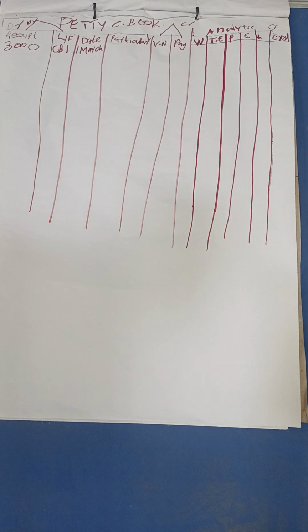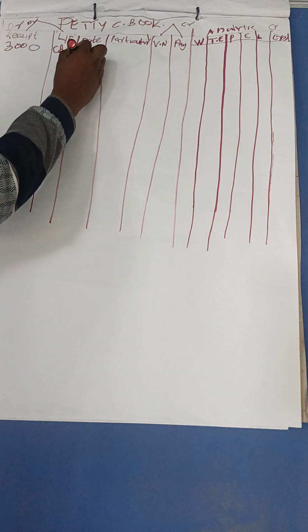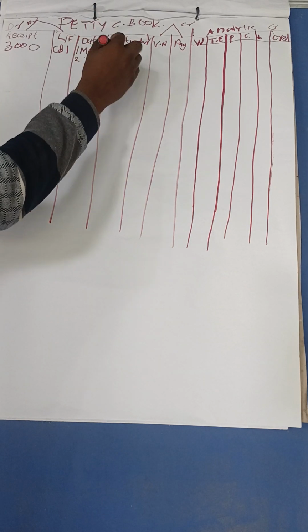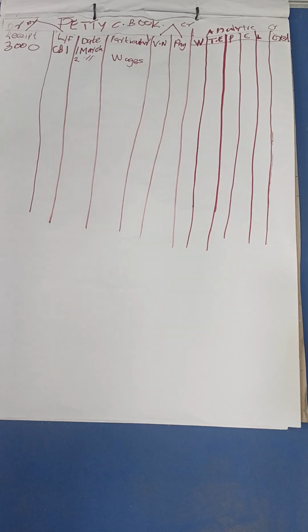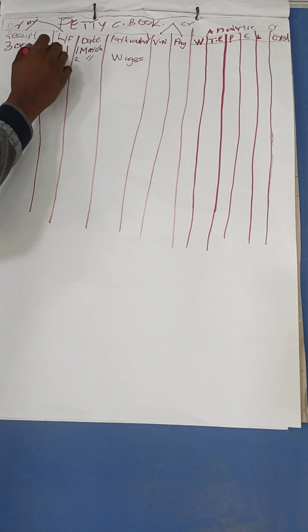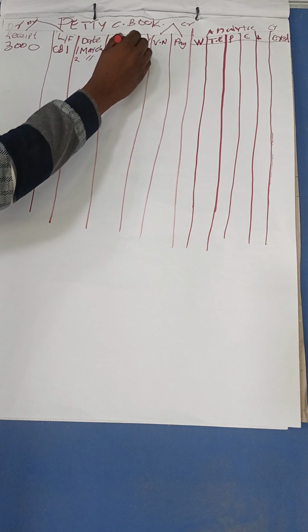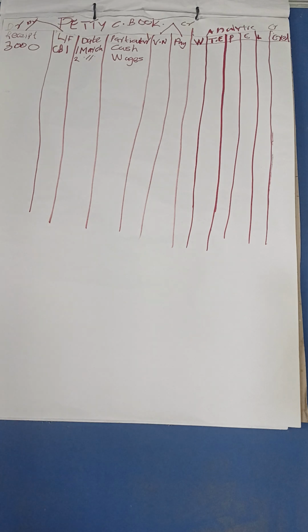So on the 2nd of March, we paid for wages. So I will write here 2nd March, I paid for wages. Remember, under particulars, this was cash given, cash in hand, so you write there cash. We paid for wages costing 300.